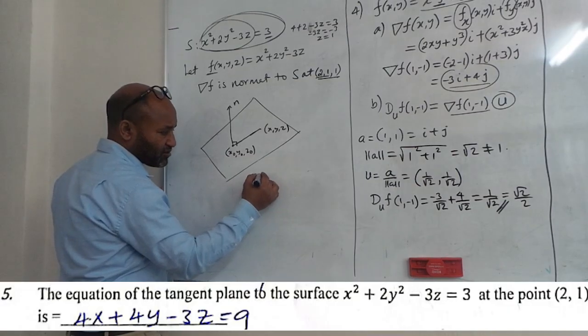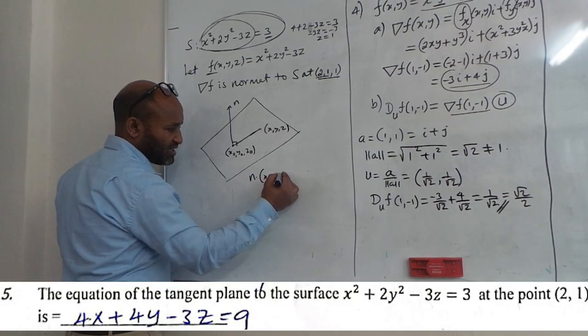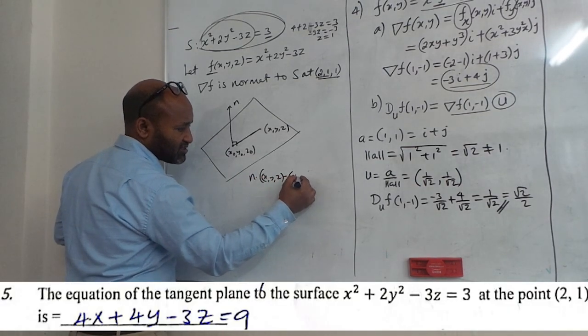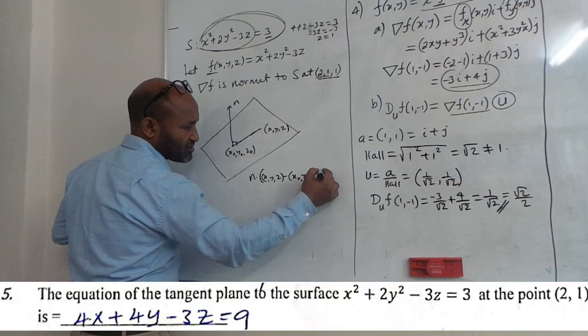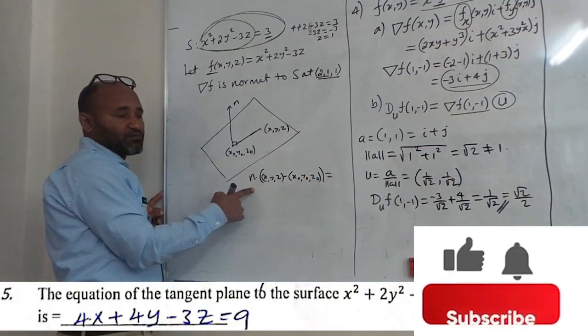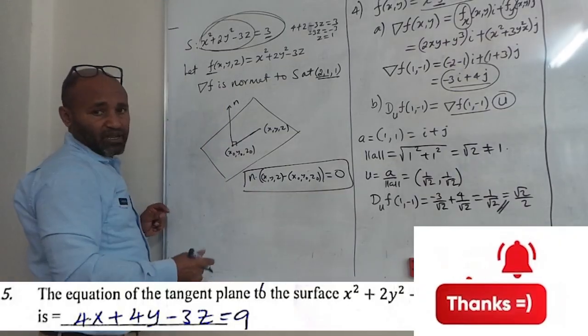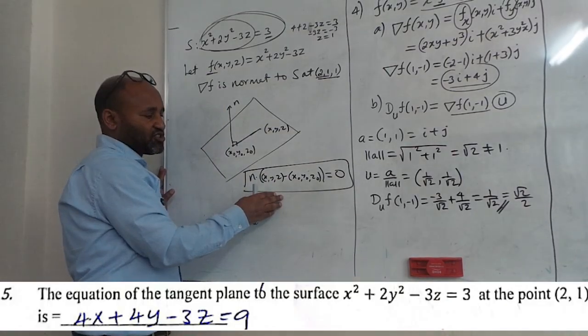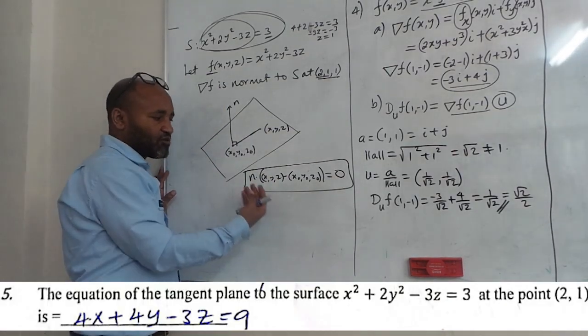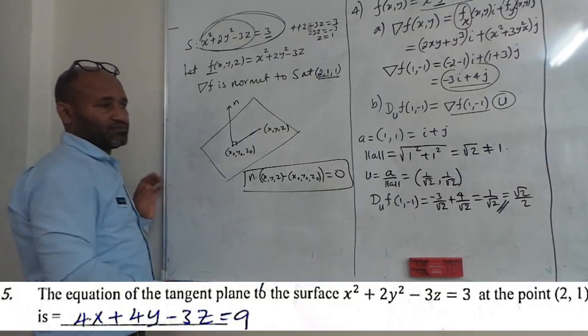Therefore, n dot x, y, z minus x naught, y naught, z naught is equal to 0, since the two vectors are perpendicular. This is the vector form of the equation of the plane. By manipulating this expression, we will get the general form of the equation of the plane.